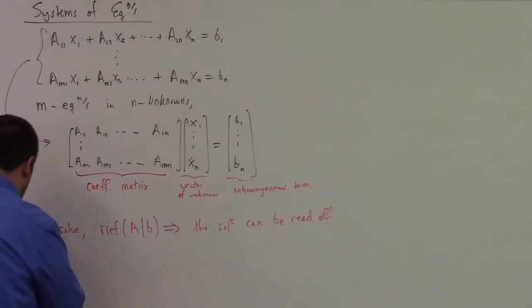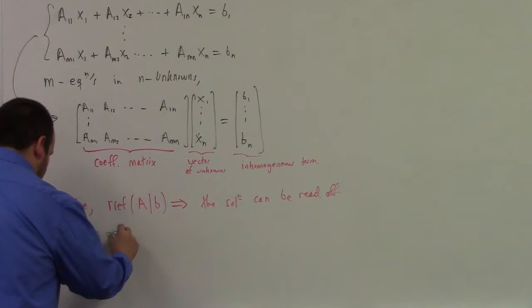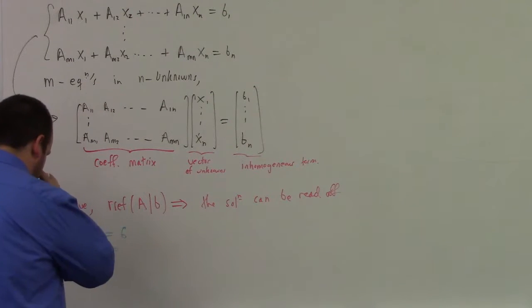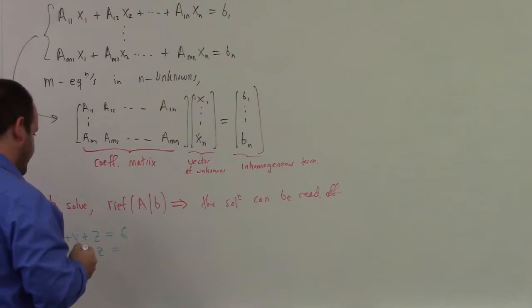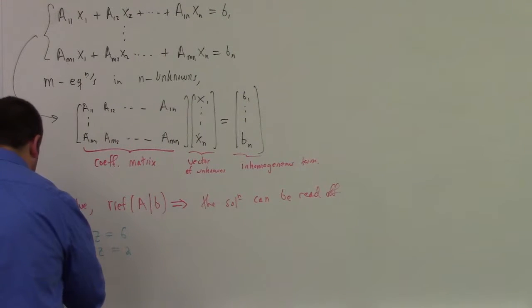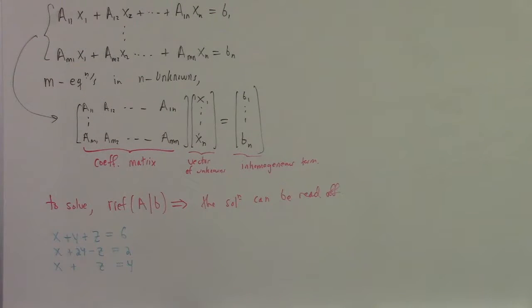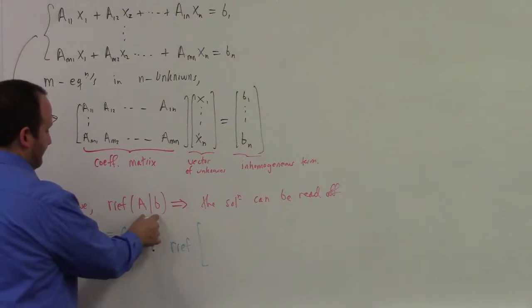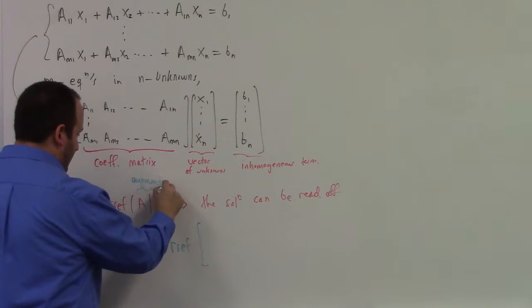Here, I'll give you an example. If I had x plus y plus z equal to 6, and x plus 2y minus z equal to 2, and x plus z equal to 4, if that was my system of equations, I can look at the reduced row echelon form of the so-called augmented coefficient matrix.